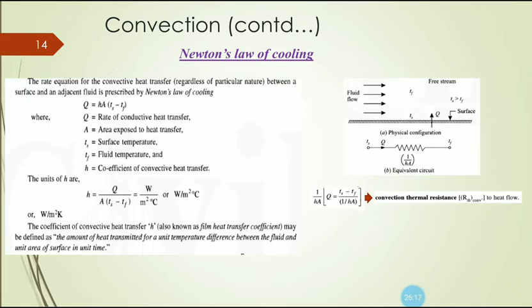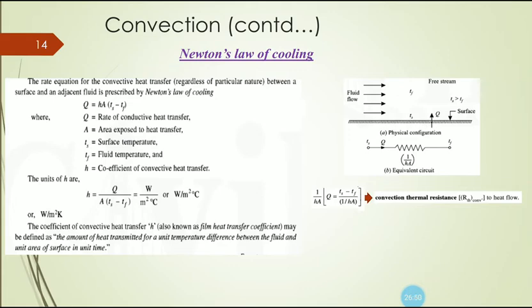So in case of conduction, we have got thermal conductivity, and in case of convection, now we have got this coefficient of convective heat transfer. The unit of the coefficient of convective heat transfer is watt per meter square degree centigrade. And the definition is the amount of heat transmitted for a unit temperature difference between the fluid and unit area of surface in the unit time.